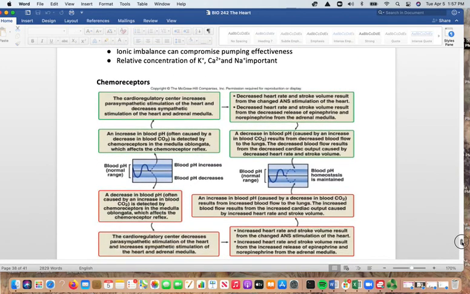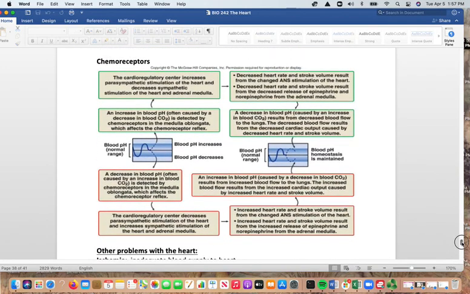Again, that's what this does here, looking at the chemoreceptors, where you have the normal pH range. If your blood pH increases, you're going to head this direction. If it decreases, you're going to head this direction. Again, if you can sit down and explain them to yourself, you've got a good idea of how the heart works.